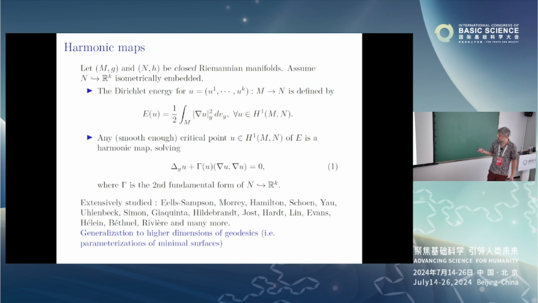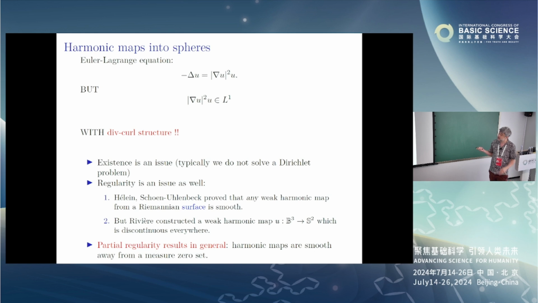But before going into existence theory, how to construct such critical points, let me take a model which already encodes a lot of the issues related to this topic, which is whenever the target, the codomain N, is the standard sphere. Then the Euler-Lagrange equation is this very simple looking equation.